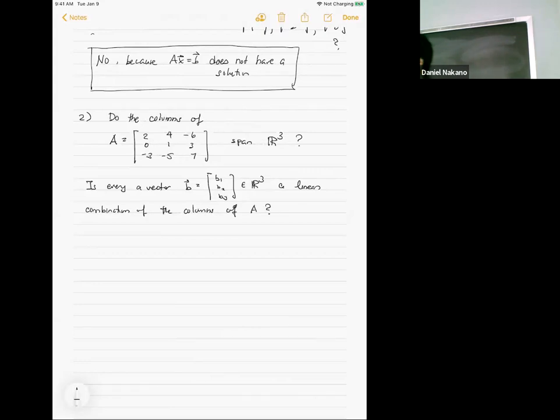Okay, so this is equivalent to actually spanning R3. I want to be able to express any vector in R3 as a linear combination of the columns of A. This is an equivalent statement.